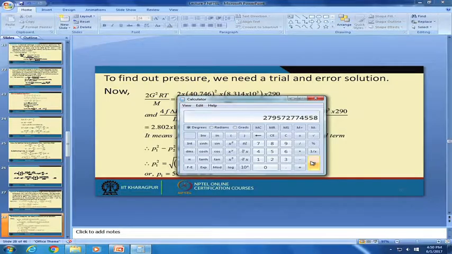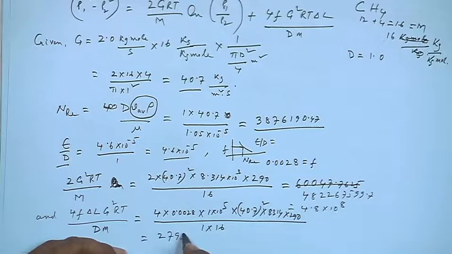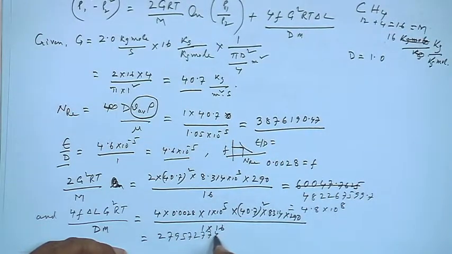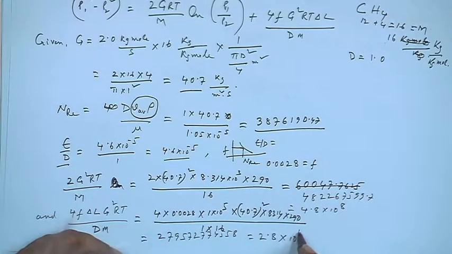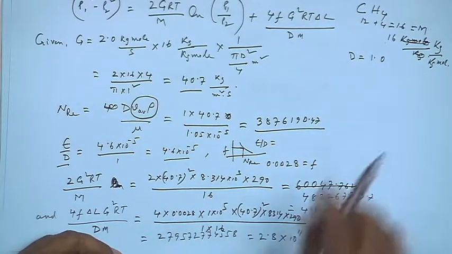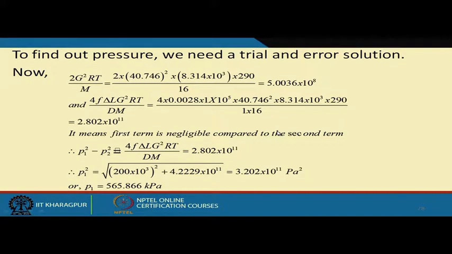So this is equal to 279.2795727745558, means 1, 2, 3, 4, 5, 6, 7, 8, 9, 10, 11, that is 2.8 into 10 to the power 11, right? So if that be true, 2.8 10 to the power 11, then this term is much bigger than this term, 4.8 10 to the power 8.